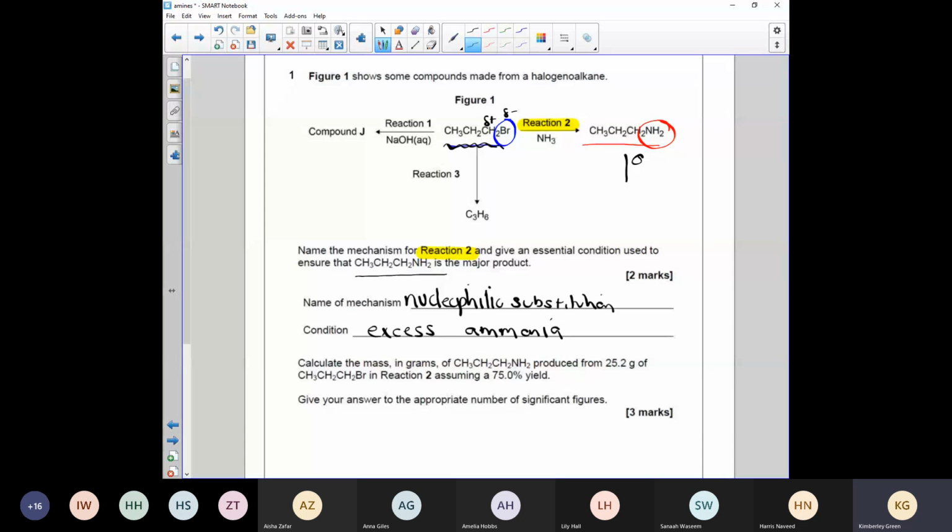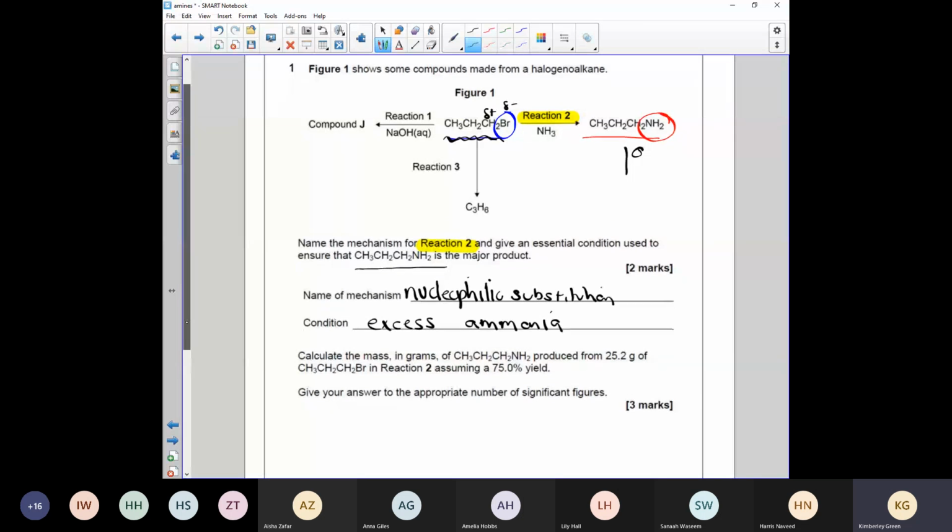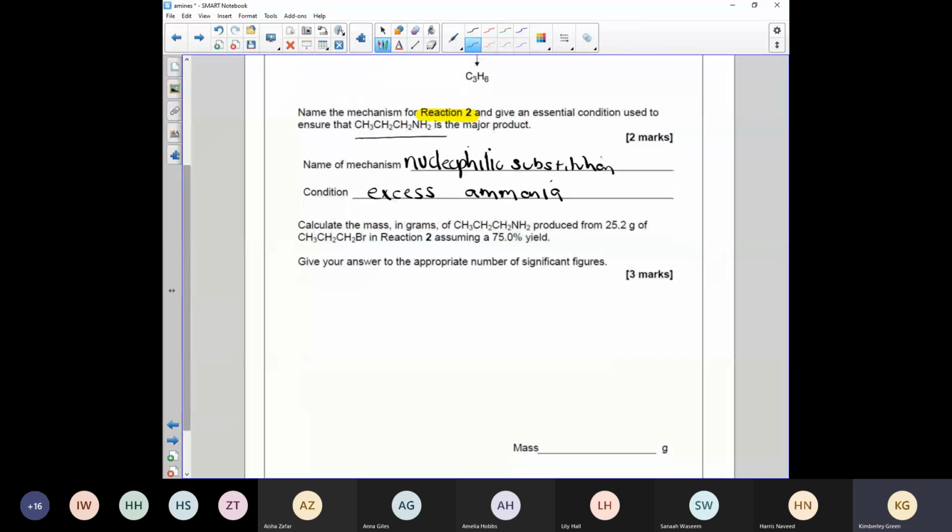So we'll go on to further substitution a little bit later on in the questions, but until then, to ensure that we don't have further substitution, we need excess ammonia in there. Great stuff.